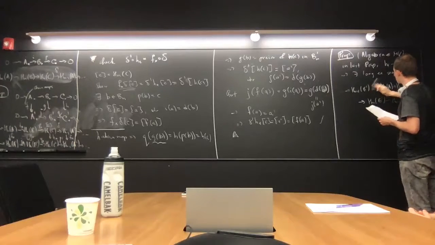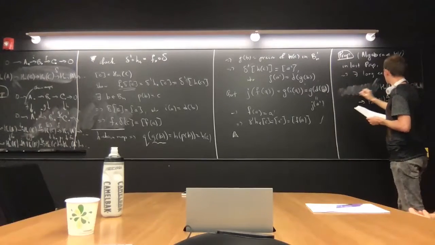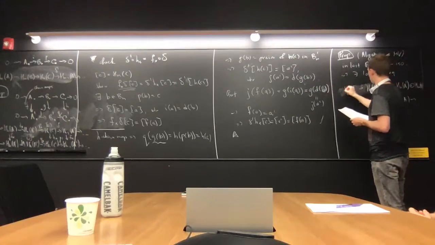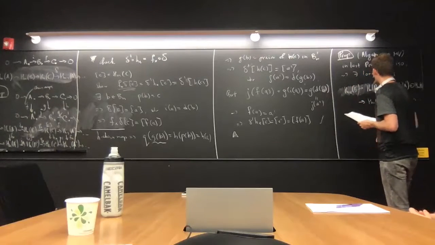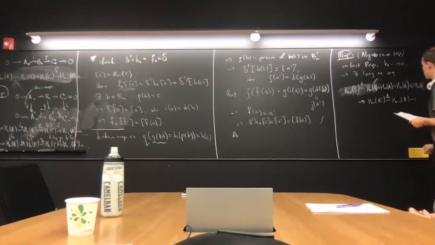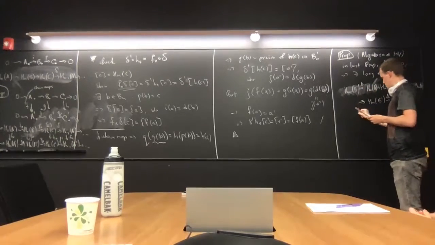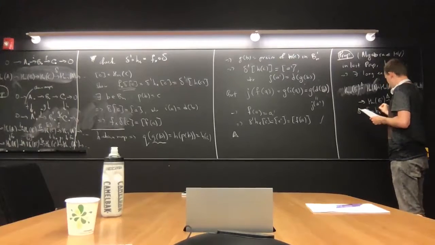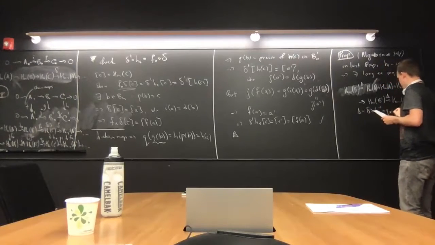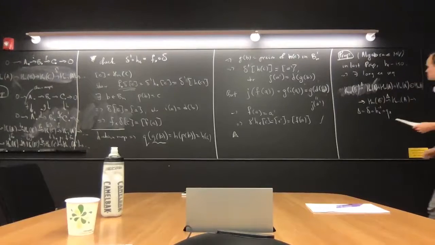I missed one term. Delta. Okay. So what stands there, delta is delta H star inverse Q star. Okay. Just need to check that this is exact.